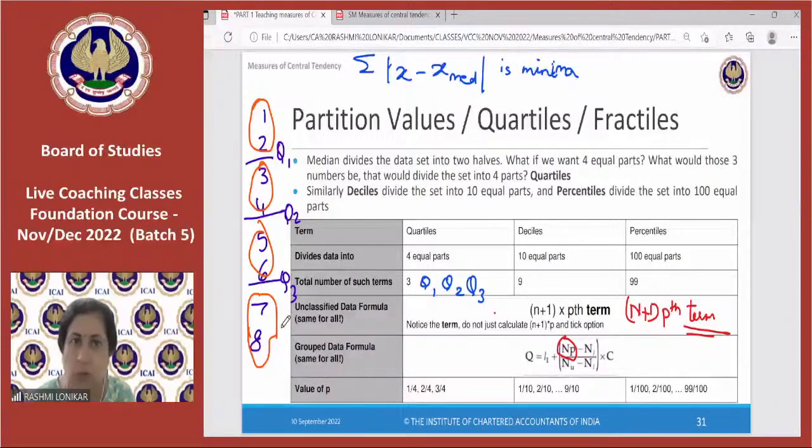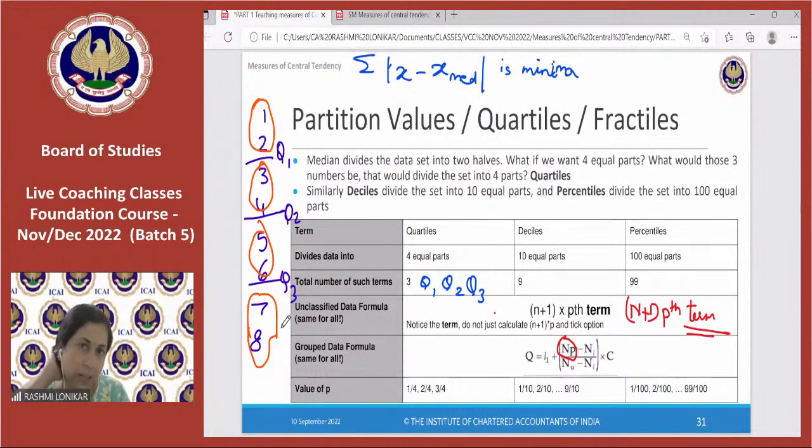What is Q2? The second quartile is the same as the median. It takes the data and divides it into 2 equal halves. What about Q3? It will divide the data with 3 parts on one side and 1 part on the other side. That is for quartiles. Same for deciles: deciles take the data and divide it into 10 equal parts.